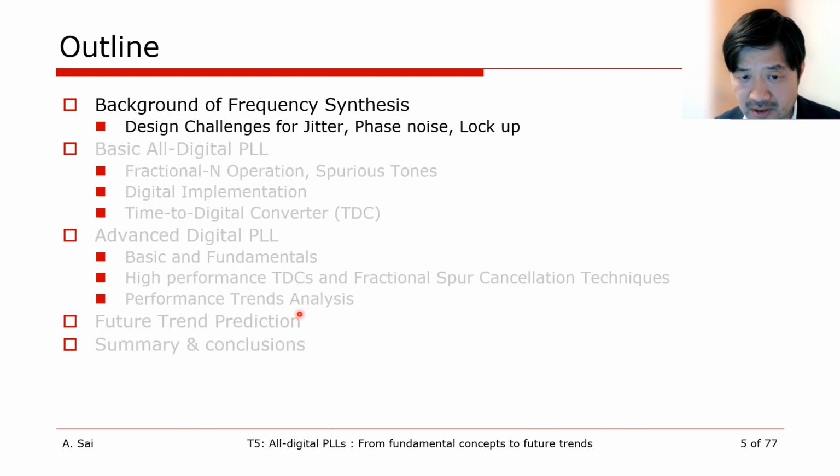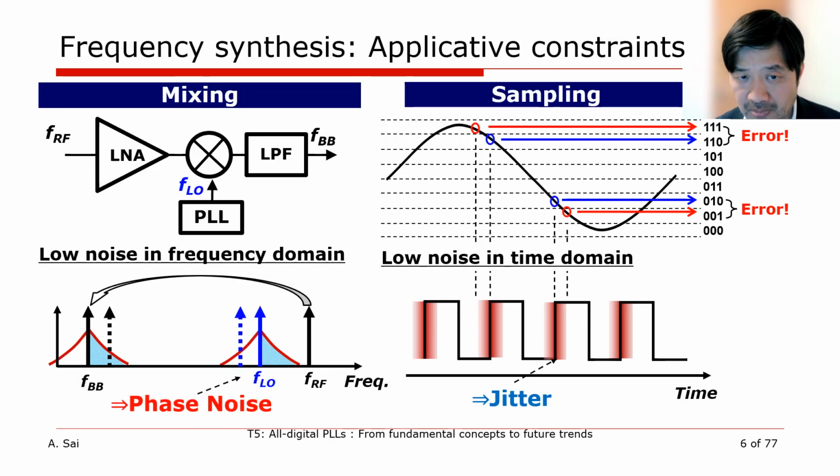The first topic: background of frequency synthesis. In this slide, I would like to discuss the quality required for frequency synthesis for each application. Frequency synthesis is used in many places, such as mixers in wireless communication and sampling in data converters.